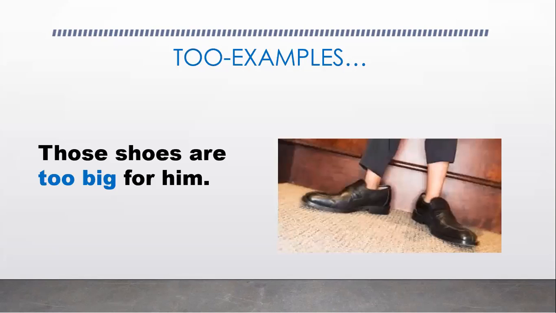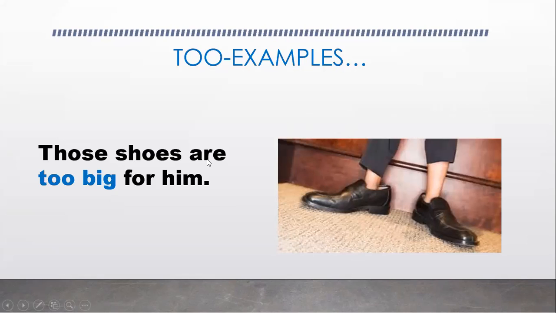Okay, another example we have here. Those shoes are too big for him. Imagine he is a boy who wants to put on his father's shoes. So they are too big for him.